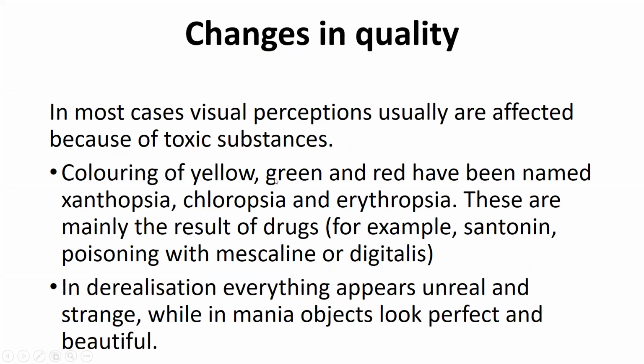Now, changes in quality. The quality of the object can be really changed or distorted. Here we see a color: yellow, green, red. An object can be mostly dominated by one. Yellow we call xanthopsia, green chloropsia, and everything can be perceived as red.